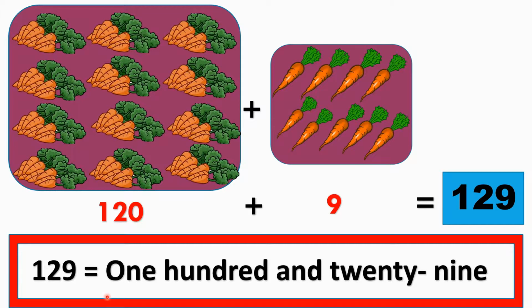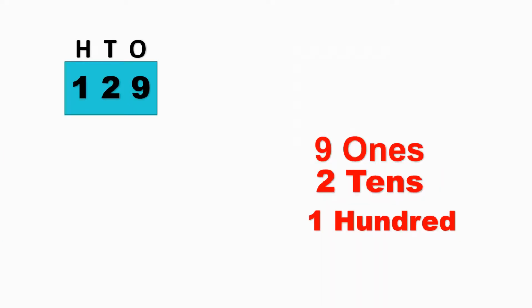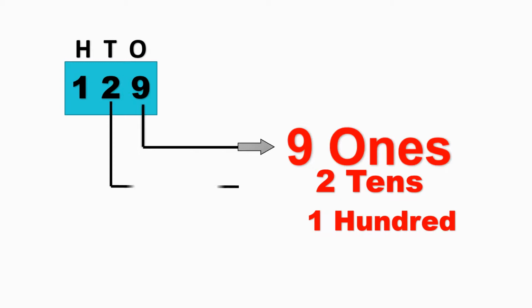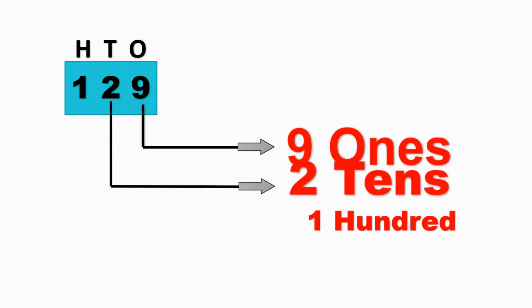ONE 1, HUNDRED 100, AND TWENTY 20, NINE 9, 129. 9's place value is 9 ones, 2's place value is 2 tens and 1's place value is 100.